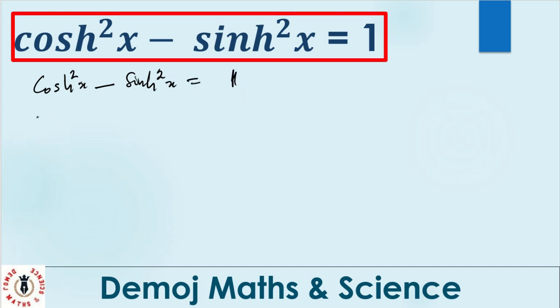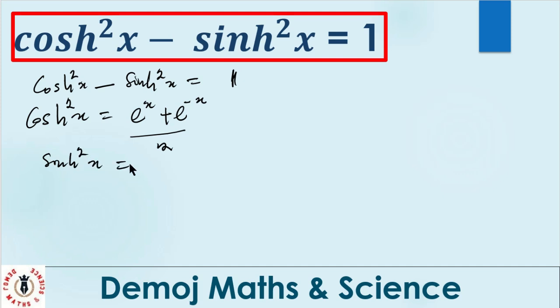Let's prove this first. Remember that in our introductory class, we said cosh x is the same thing as e raised to power x plus e raised to power minus x over 2. And we also said that sinh x is the same thing as e raised to power x minus e raised to power minus x over 2.